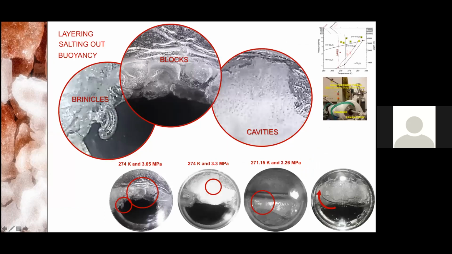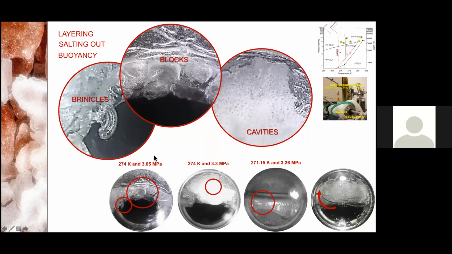So these are pictures from the set of experiments with this system, magnesium sulfate, CO2, water, with the chamber in horizontal position. And during the experiments, to assess the evolution of the system, we followed the crystallization processes that always started with the formation of clathrate hydrates, as the phase diagram indicates.